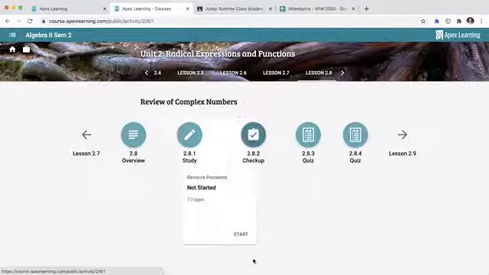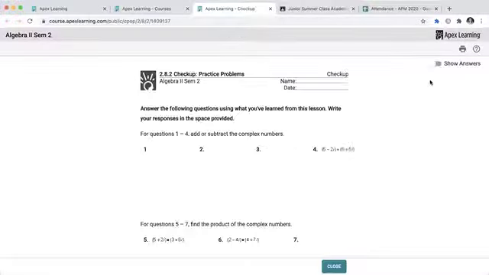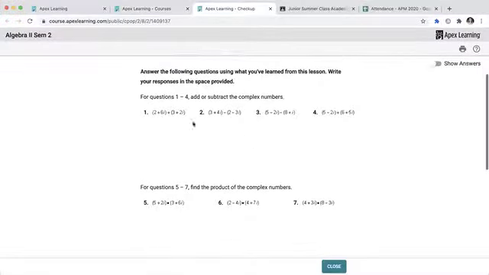When we look at our checkup, I can bet you it's going to be a lot of practice problems here. First off, adding and subtracting. Again, this is just basic collecting like terms, making sure you're keeping your signs straight.